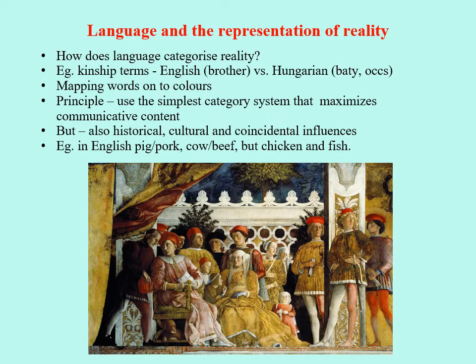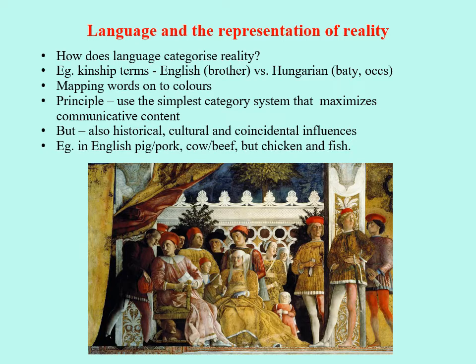In other languages, for example in Hungarian, we have 2 words for a male sibling. Báty denotes an older male sibling and öcs denotes a younger male sibling. So Hungarians represent the reality of kinships in different categories from English.